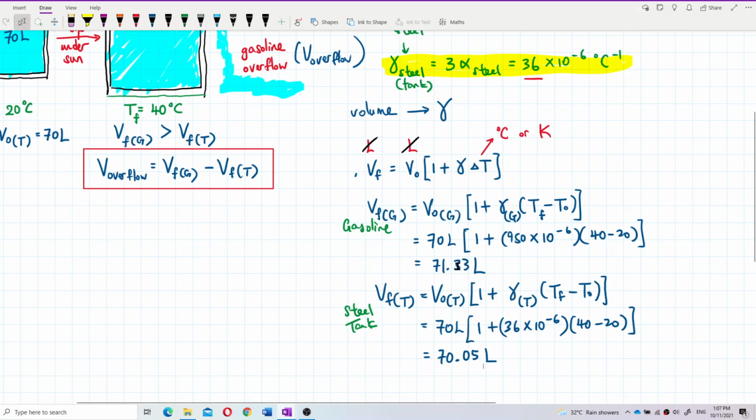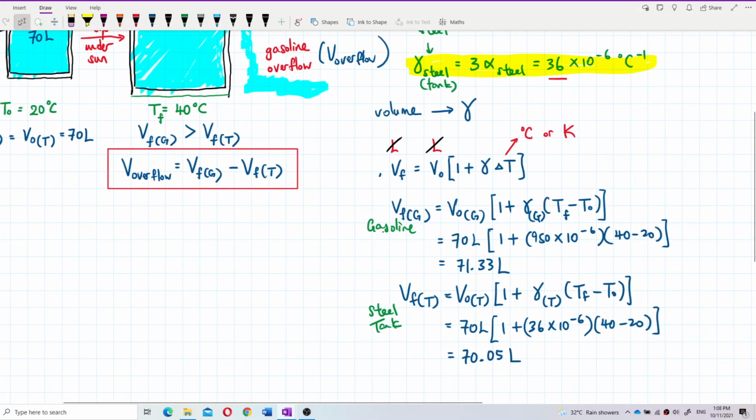The difference in final volume is the amount of gasoline overflow. We take the final volume of the gasoline, the much bigger volume because it expands faster, minus the tank, which expands slower to only 70.05 liter.